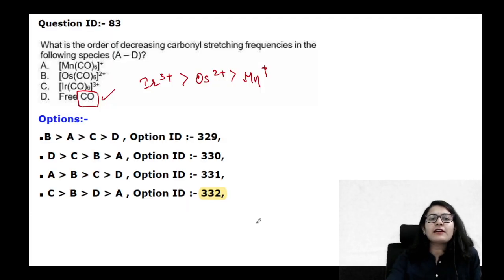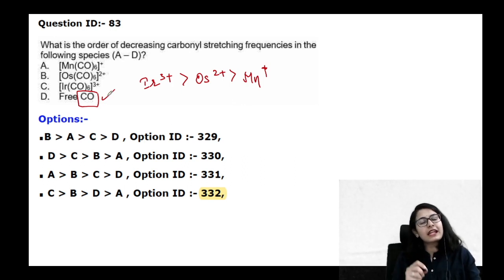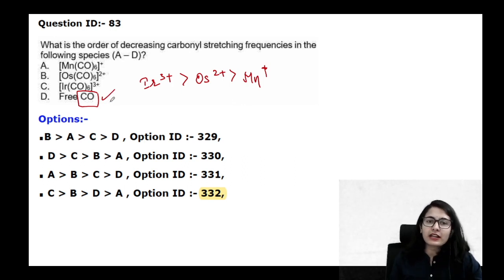And if you look for the exact values of these complexes, then also you will be able to find those exact values. So that's not a problem. Free carbonyl is going to have a lesser value than iridium, and even lesser value with osmium also. So C is greater than B, which is greater than D and A. You can check it out on the same source, guys, and this is the correct option without any doubt.